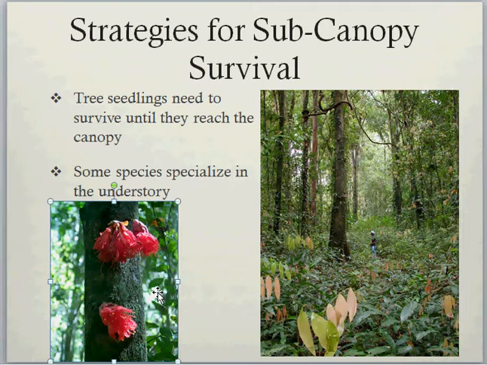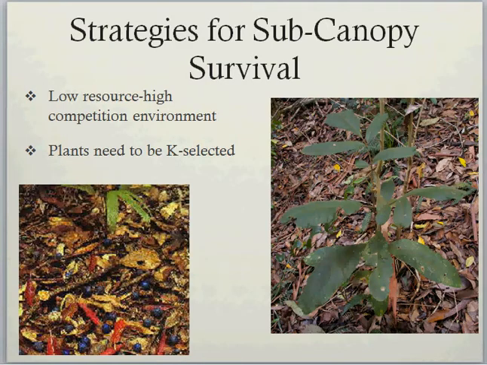So we have the seedlings needing to survive, and we've also got sub-canopy trees which survive in the sub-canopy all the time. So the sub-canopy is a very low resource, high competition environment, particularly when it comes to light, but also for nutrients and water.